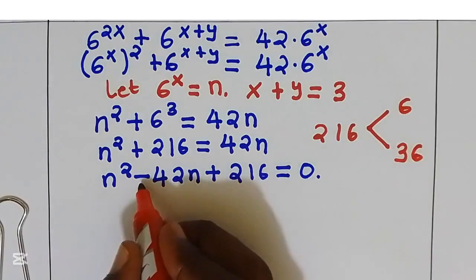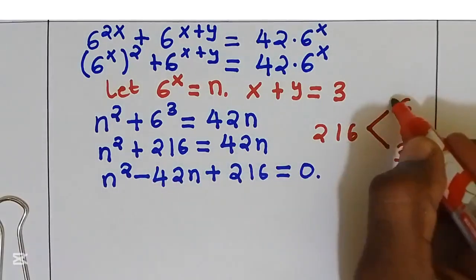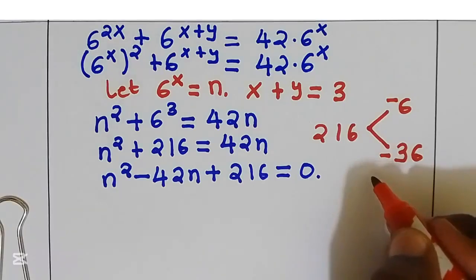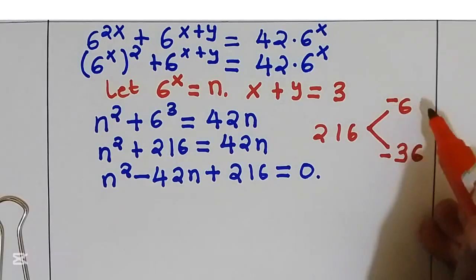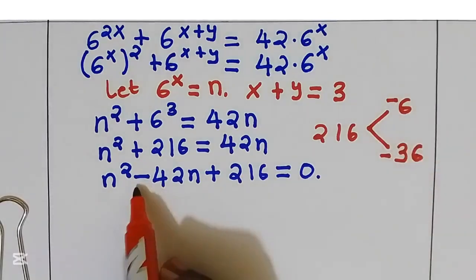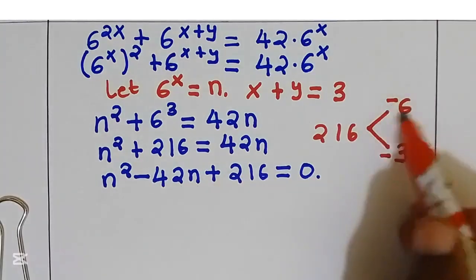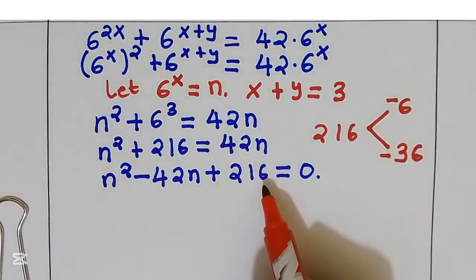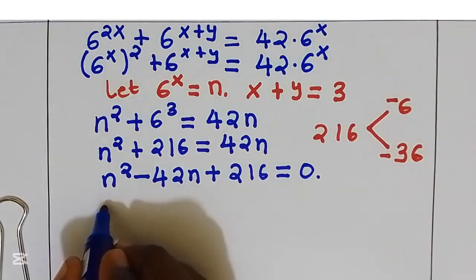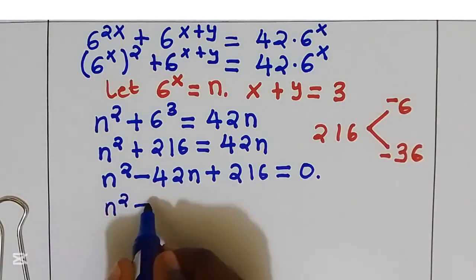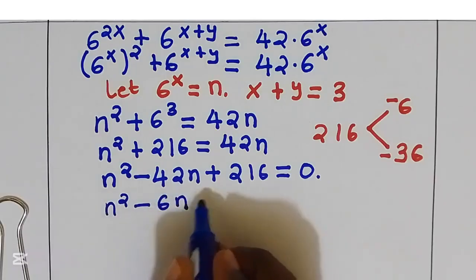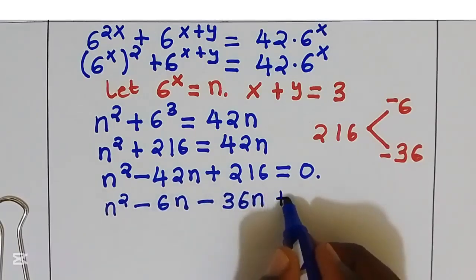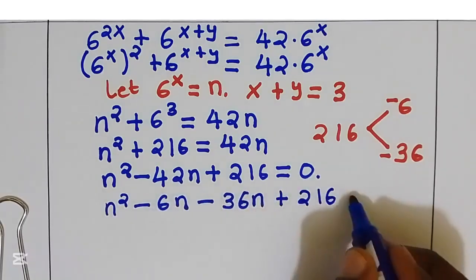But since I have minus 42 here, this 6 is going to be negative and 36 is going to be negative. Negative 6 and negative 36 give us negative 42, and negative 6 multiplied by negative 36 gives us 216. Now, n square minus 6n minus 36n plus 216, this is equal to 0.